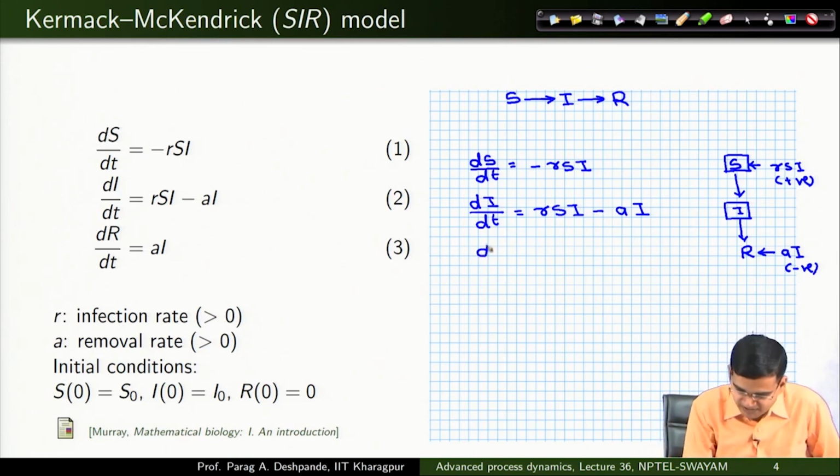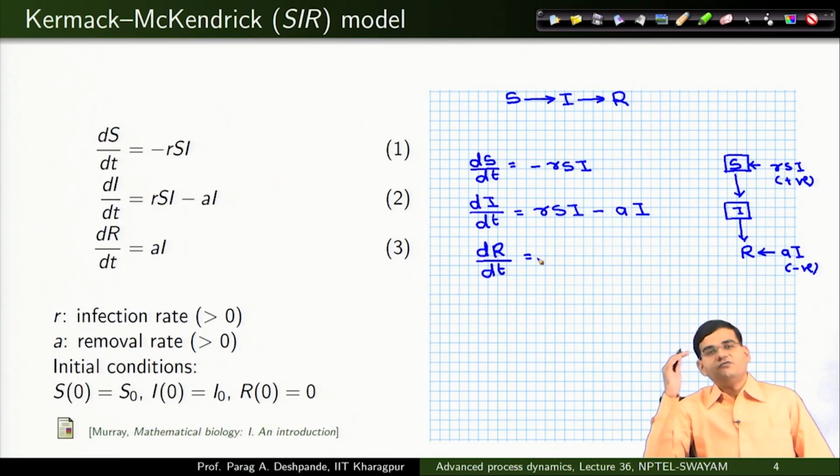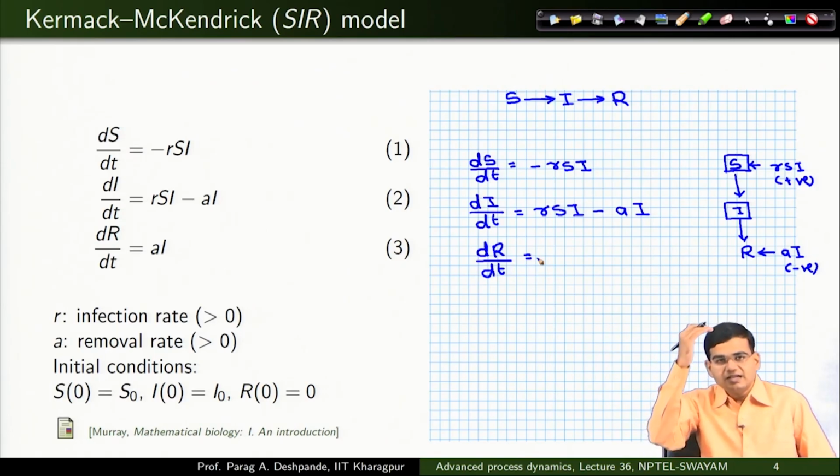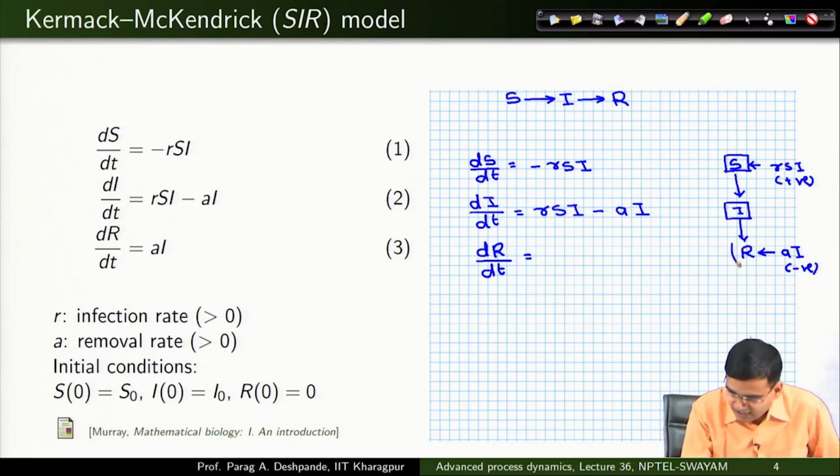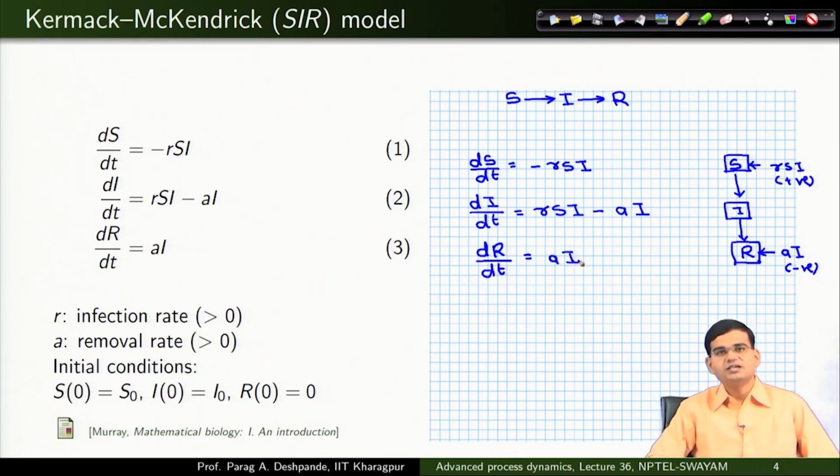Then similarly, I can write dR/dt is equal to, for the arrow from I to R, for I I had minus A I, and that exact same population would enter the compartment R. So, for R I will have plus A I. And therefore, I have three dynamical equations here.